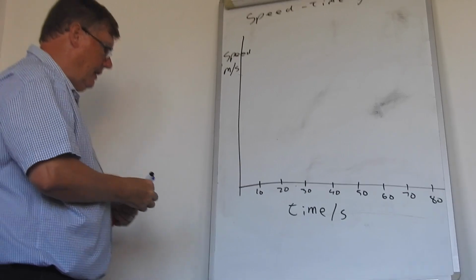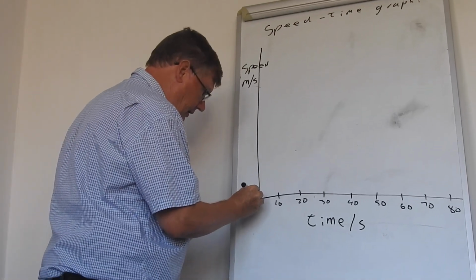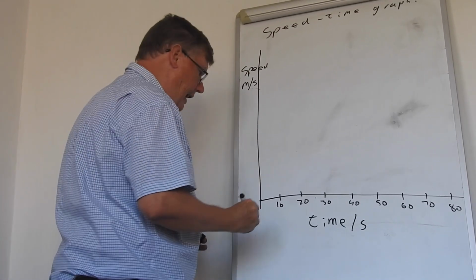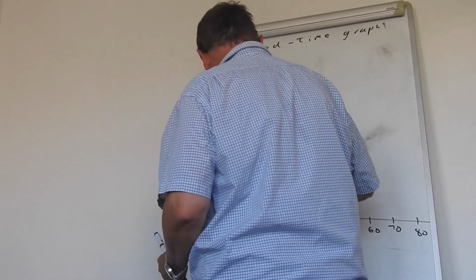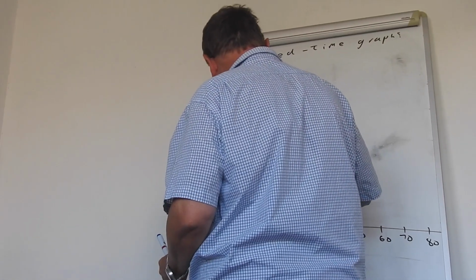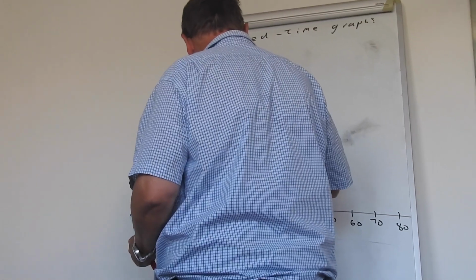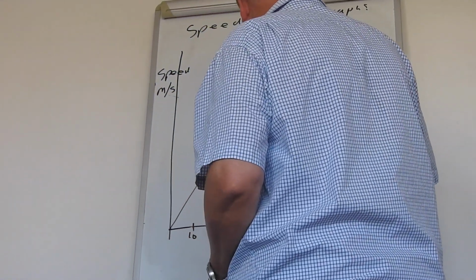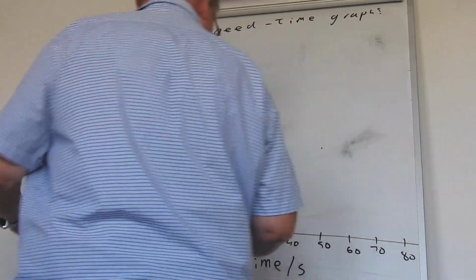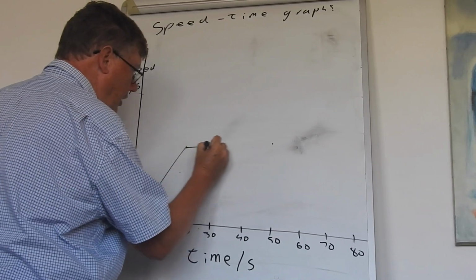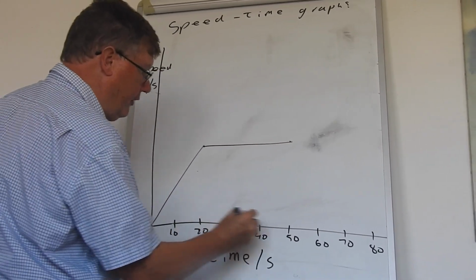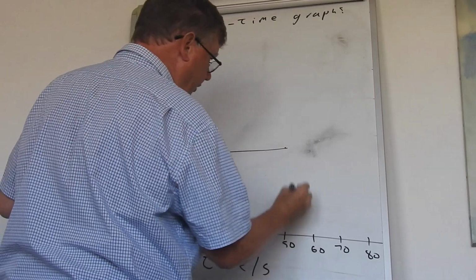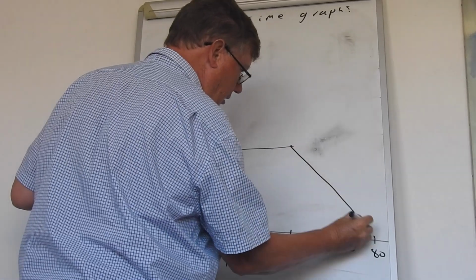A train leaves the station here at time 0 and accelerates over 20 seconds. And then levels out. It carries on at a constant speed from 20 seconds to 50 seconds. And then it slows down and stops.